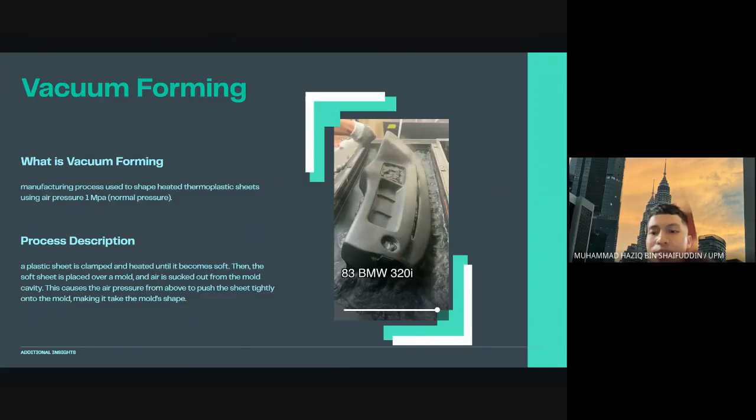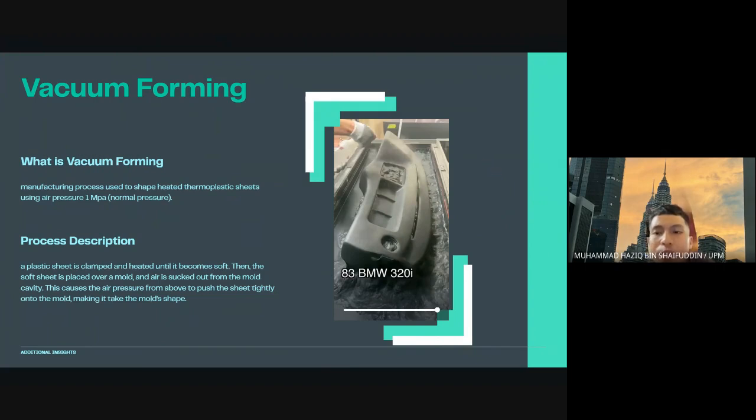This air pressure forces the sheet into the lower mold shape, and at the same time, the gas trapped in the lower die chamber is vented out, released to the atmosphere, so it doesn't resist the forming pressure.